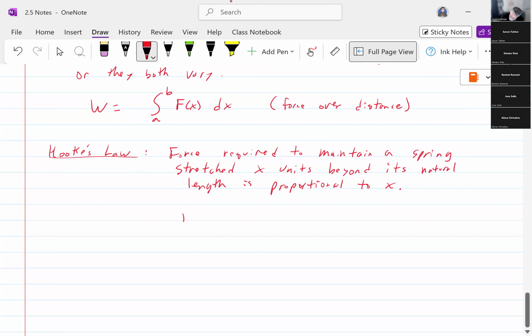So the force f of x is equal to some proportionality constant times x, where k is called the spring constant.